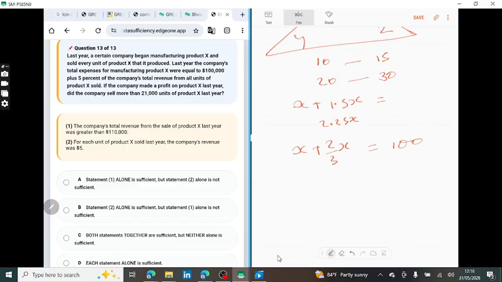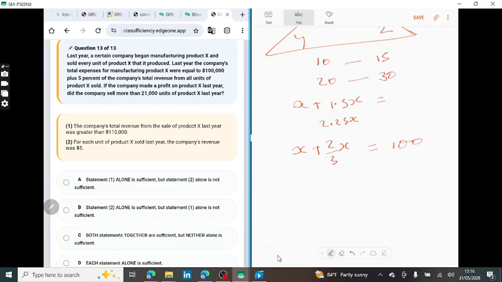If the company made a profit on product S last year, did the company sell more than 21,000 units of product S last year? The company doesn't need to sell 21,000 units; they can sell 2 units, 3 units, depending on the price of the item and the profits.